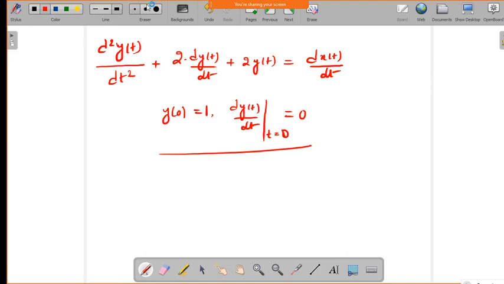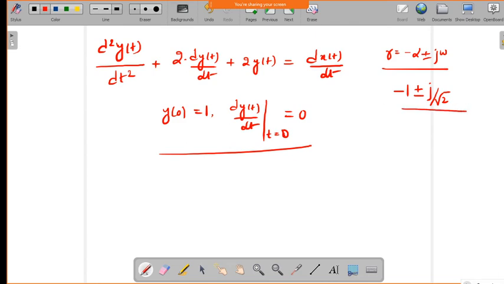So now the roots are in the form of r equal to minus alpha plus or minus j omega. Minus 1 plus or minus j by root 2. Check it once.